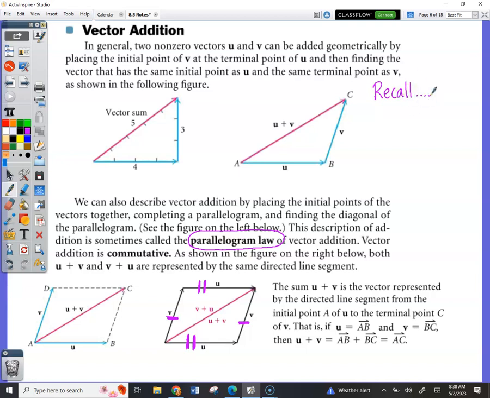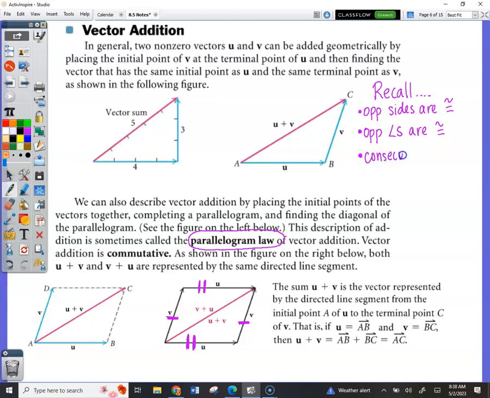Recall, this is from geometry. Opposite sides are congruent. We are talking about parallelograms, by the way. Opposite angles are congruent. And this is probably the one you may not remember, but when I say it, maybe it'll come back to you.